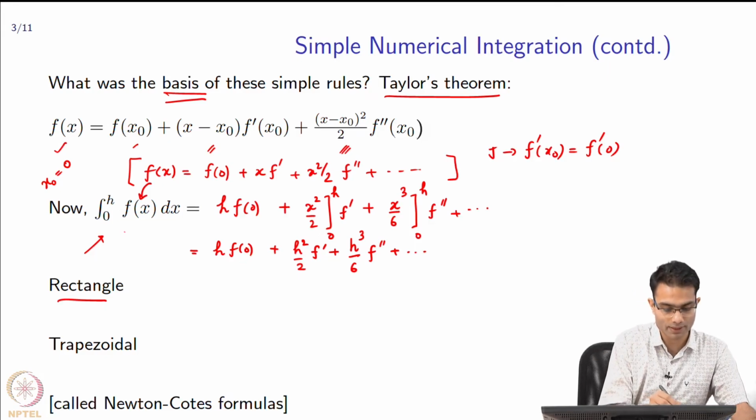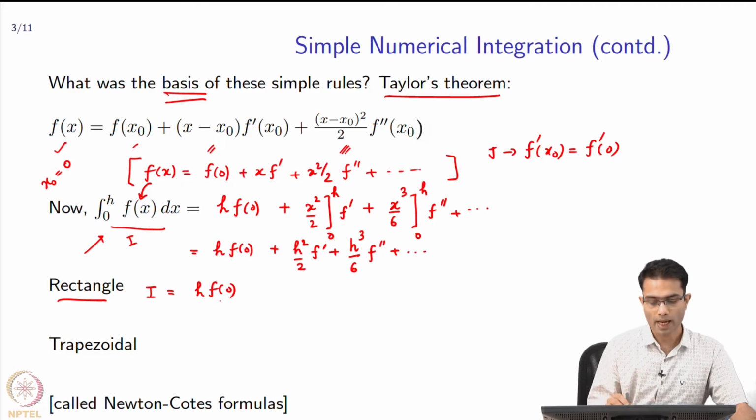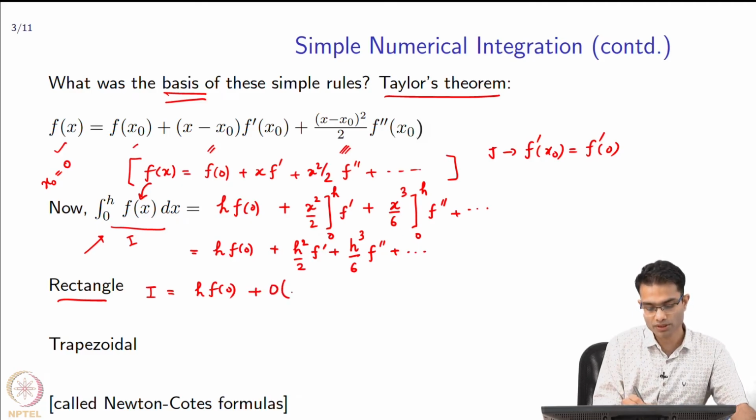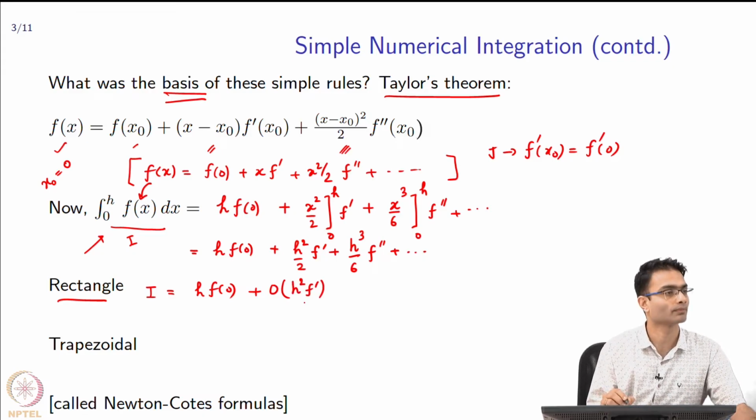The rectangle rule will tell me that this integral, let's call this I, is equal to h of f naught, plus the error. What is the order of the error? h squared f prime, this is the order of the error, right? So you have got the value of the function at one point multiplied by the interval. That's your rectangle rule.